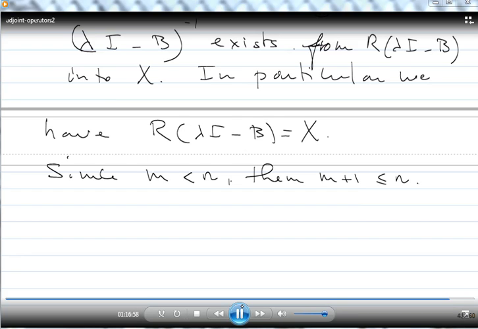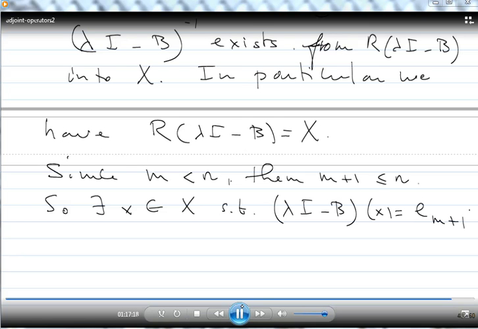So there exists x in X such that lambda I minus B of x is equal to e n plus 1.